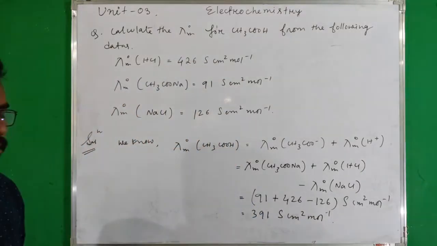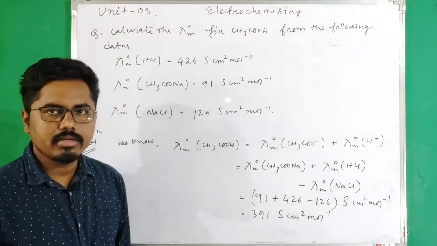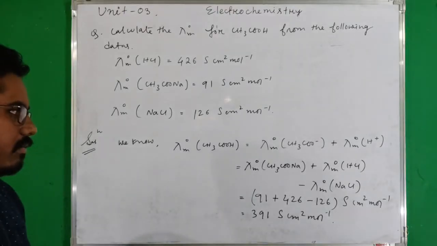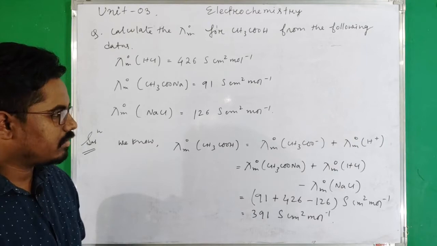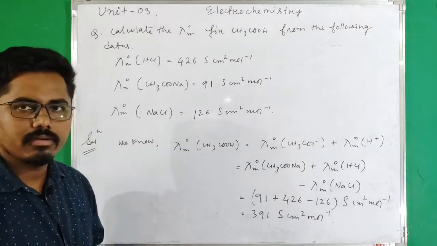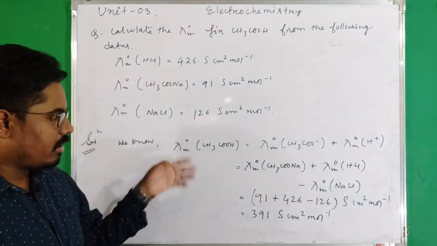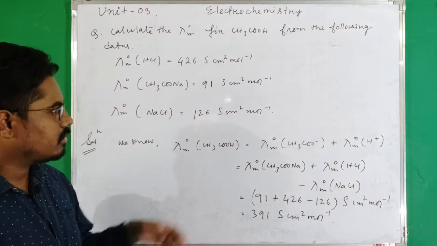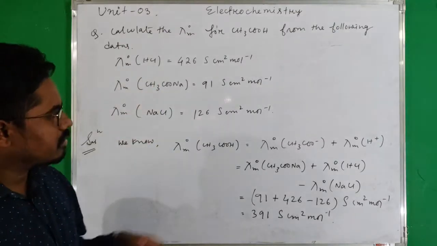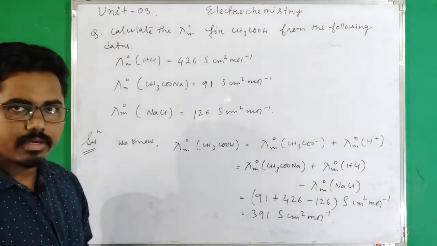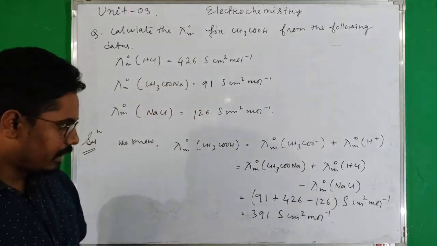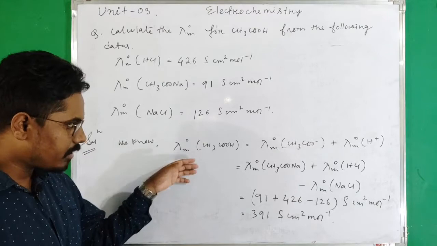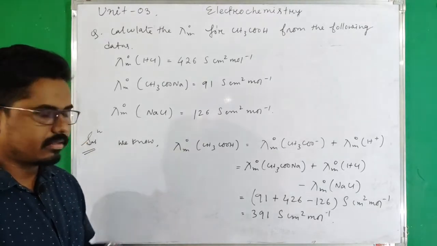So by using Kohlrausch's law of independent migration of ions, we have determined the limiting molar conductivity of acetic acid, which is a weak electrolyte. These are strong electrolytes whose values can be determined, but from them we have determined the limiting molar conductivity of acetic acid.